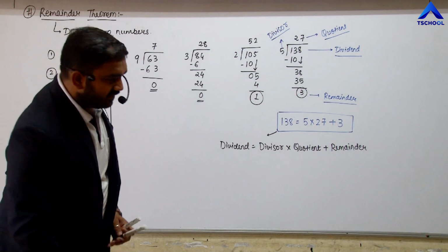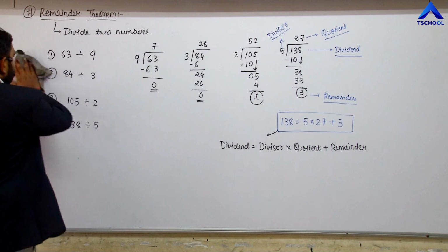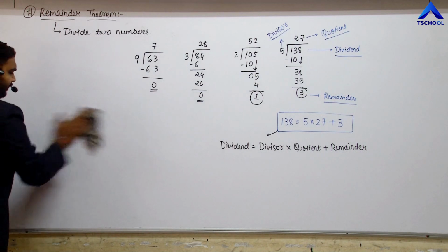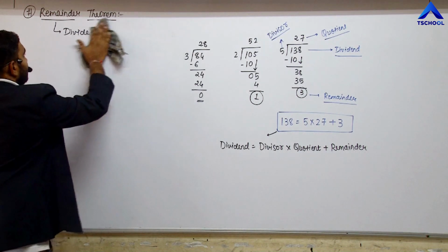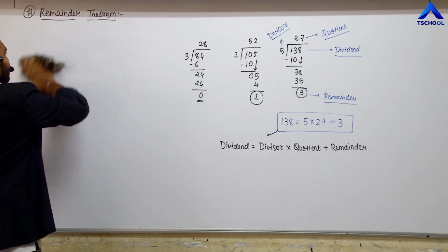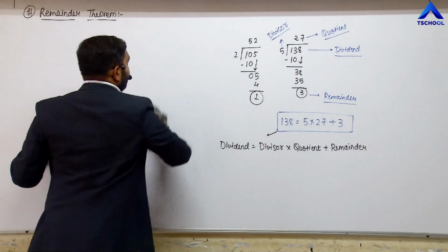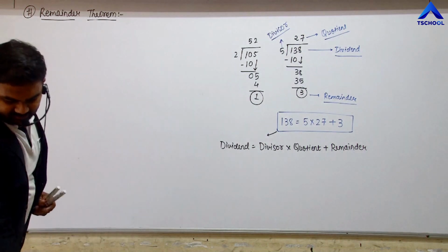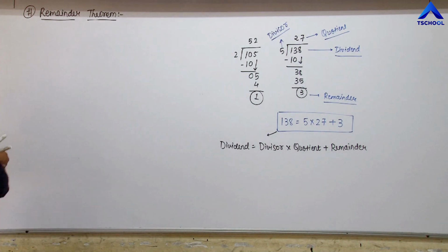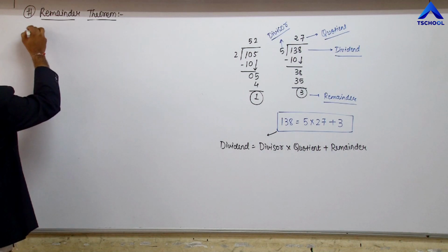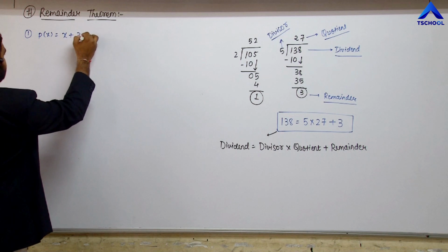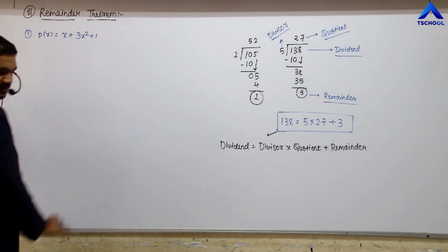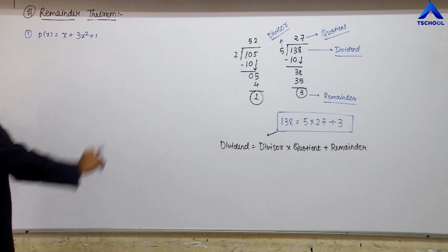So in the same way now, I am having here how to divide 2 polynomials, right? How to divide 2 polynomials. I am writing one example here: p of x is equal to 3x square plus x, sorry, it is minus 1.